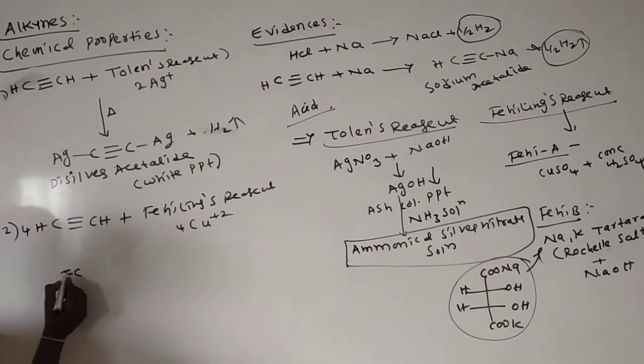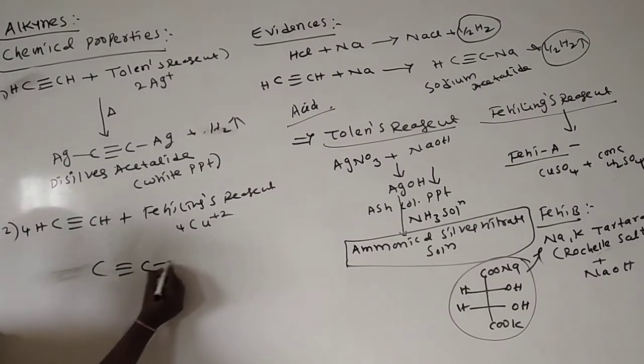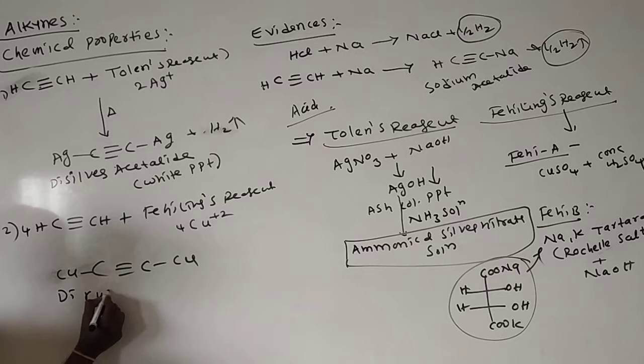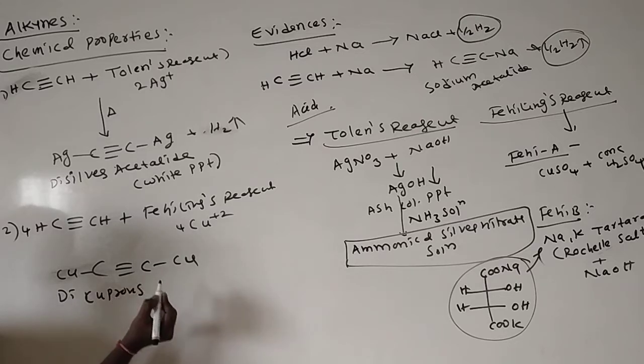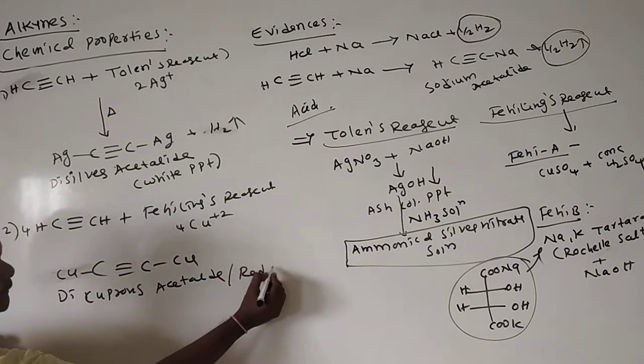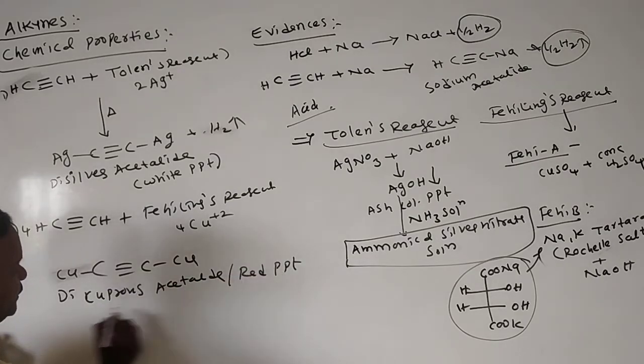We'll get Cu, Cu, dicuprous acetylide. This is a red colored precipitate.